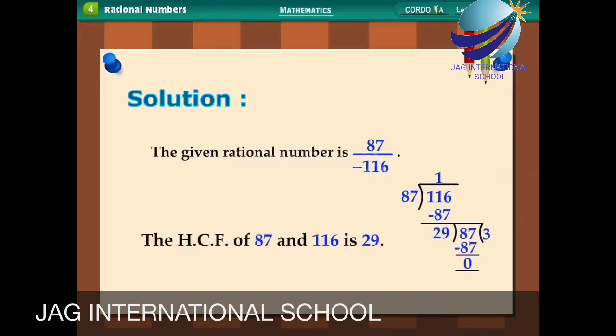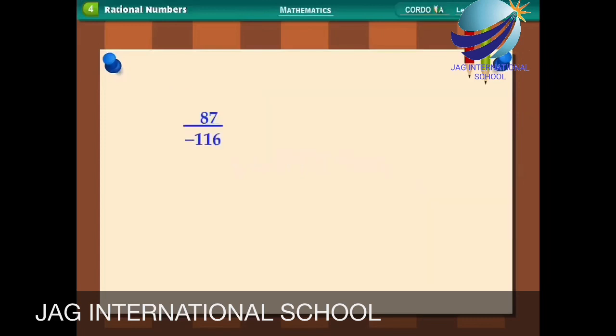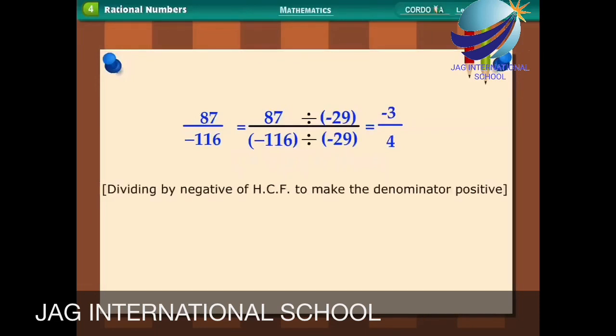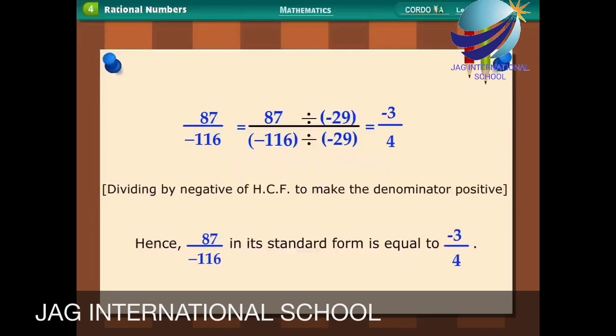The HCF of 87 and 116 is 29. 87 upon -116 is equal to 87 divided by -29 upon -116 divided by -29, which is equal to -3 upon 4. Dividing by negative of HCF to make the denominator positive. Hence, 87 upon -116 in its standard form is equal to -3 upon 4.